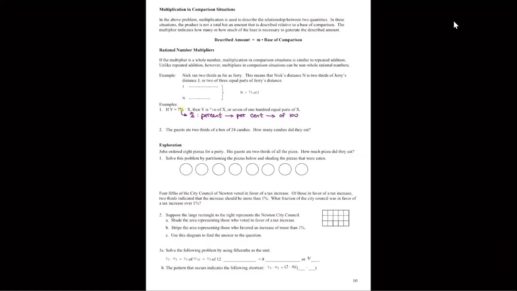So if I were to say something like, what is 7% of 25? It's really the same idea. We use the same model: y is equal to 7% times whatever the x is.